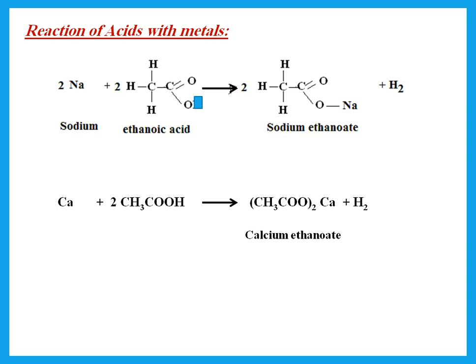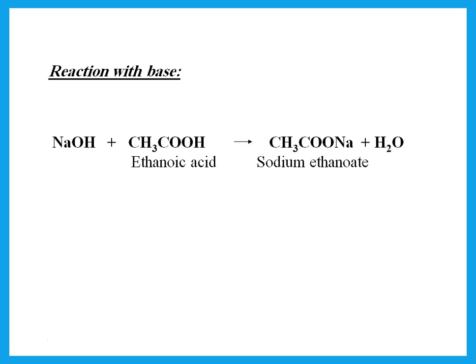And again, my other product is hydrogen gas. Are we following? Acid with metal gives hydrogen gas. If we're talking about carboxylic acid, then the salt will be called something -oate. So sodium ethanoate, calcium ethanoate, and so on.